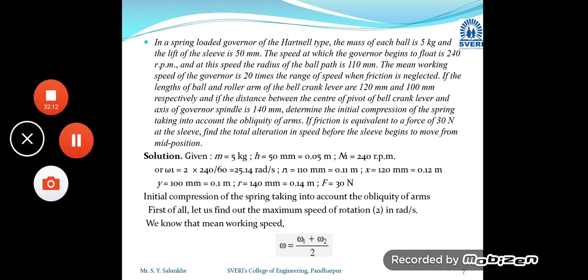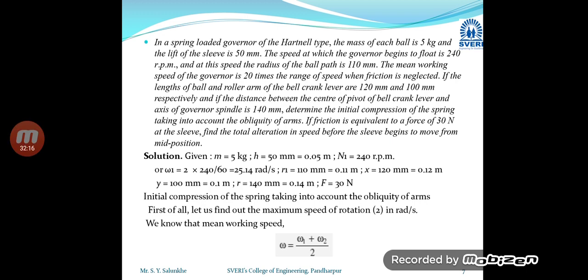Later on we are going to consider this frictional force. Initially the initial compression of spring we are going to consider, and obliquity of arms also we are going to consider. So first of all we will find the speed range, that is maximum and minimum speed of rotation.